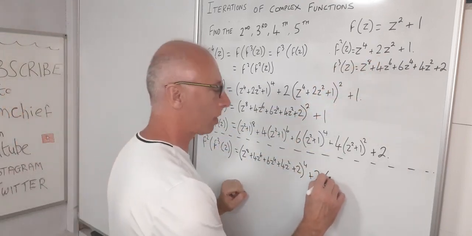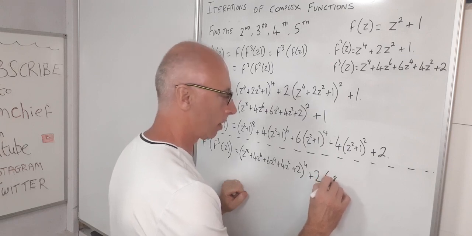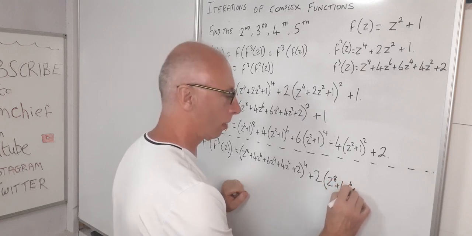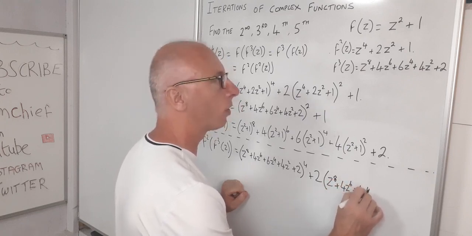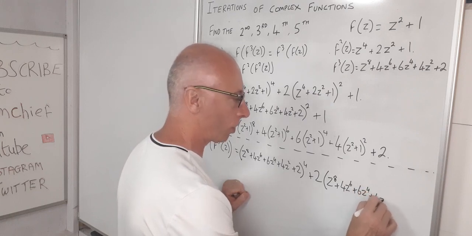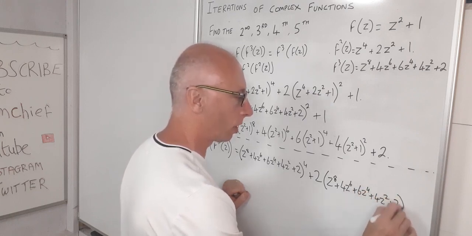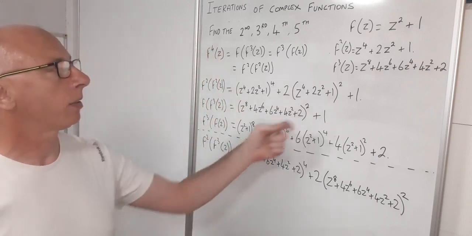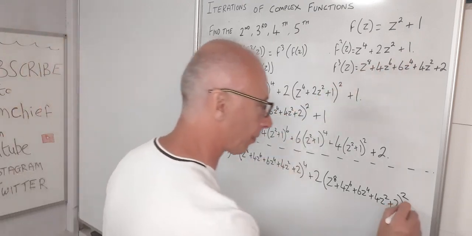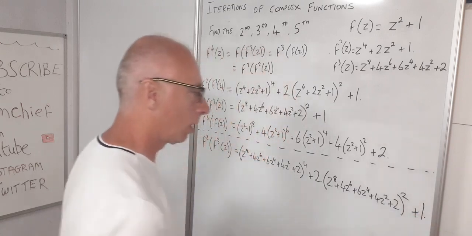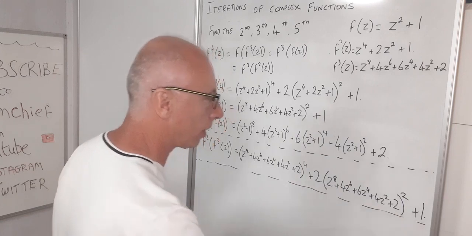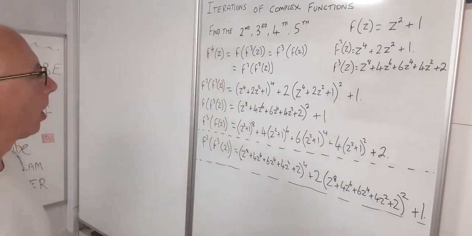So 2 times z to the 8 plus 4z to the 6 plus 6z to the 4 plus 4z squared plus 2 all squared. Then all that's left for me to do now is just to add 1. Okay, and that's my 5th iteration.